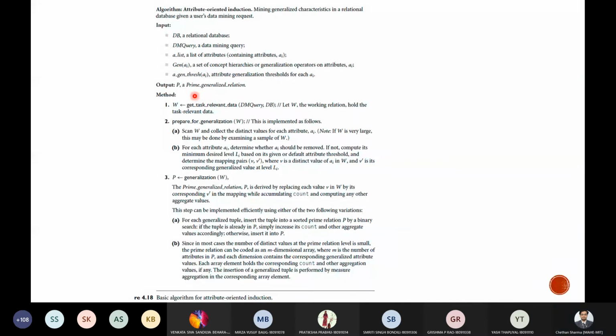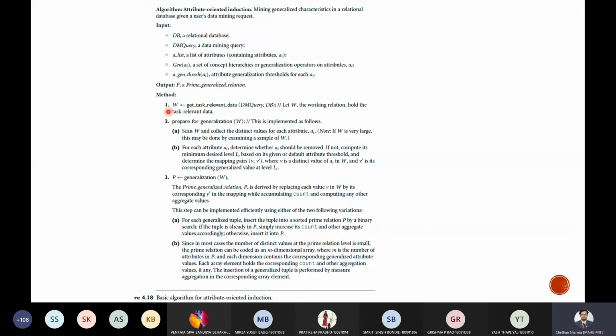Okay. So step 1 of the algorithm is essentially a relational query to collect the task relevant data into W. So you're just selecting or collecting the task relevant data into the working relation.